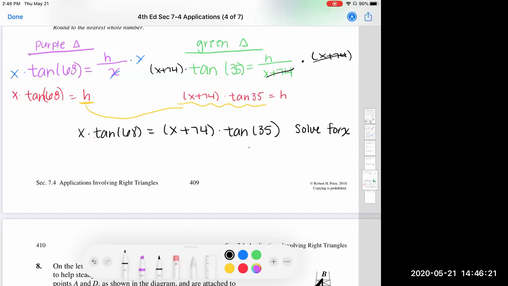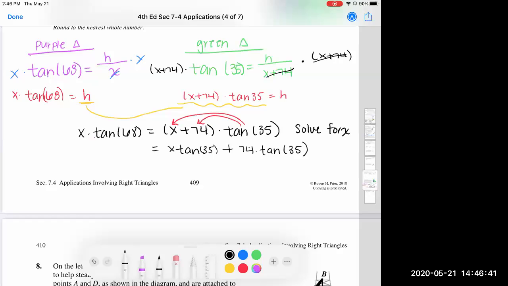So I see I have to use the distributive property, so I have to multiply tangent to what's in the parentheses, that's 74, and to the X. So that I have X times tangent of 35 plus 74 times tangent of 35.